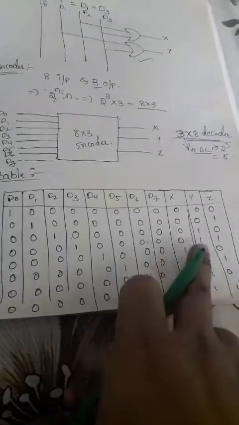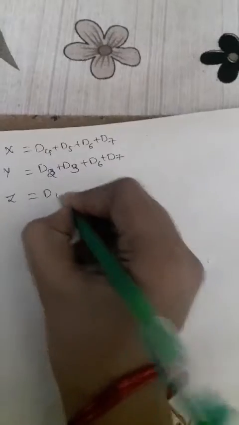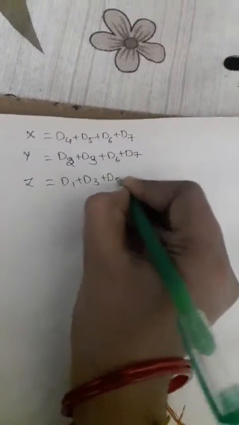Check whether it is right or wrong. Now coming to Z, D1 is highlighted, D2 absent and D3 present: Z = D1 + D3 + D5 + D7. These are the output lines for this encoder.